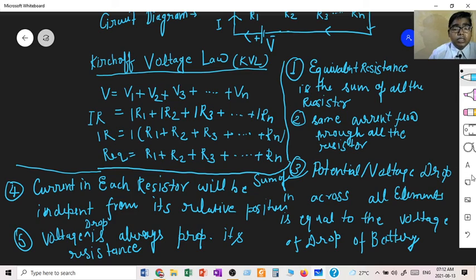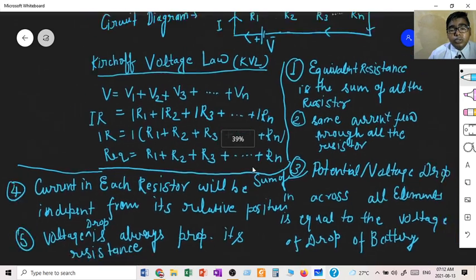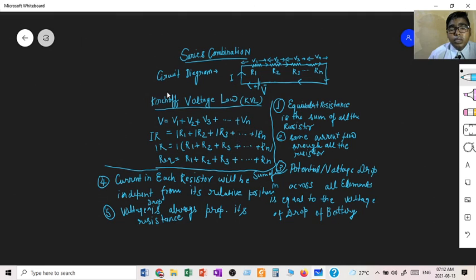So in this series combination, we have seen the circuit diagram, the battery, and the current I passing through the various combination of resistors R1, R2, R3 and Rn. And these are some noticeable features.